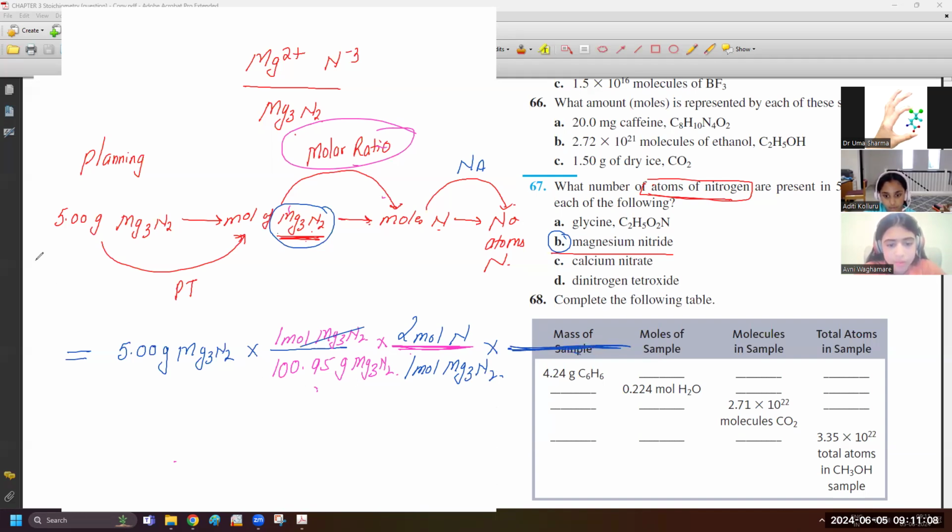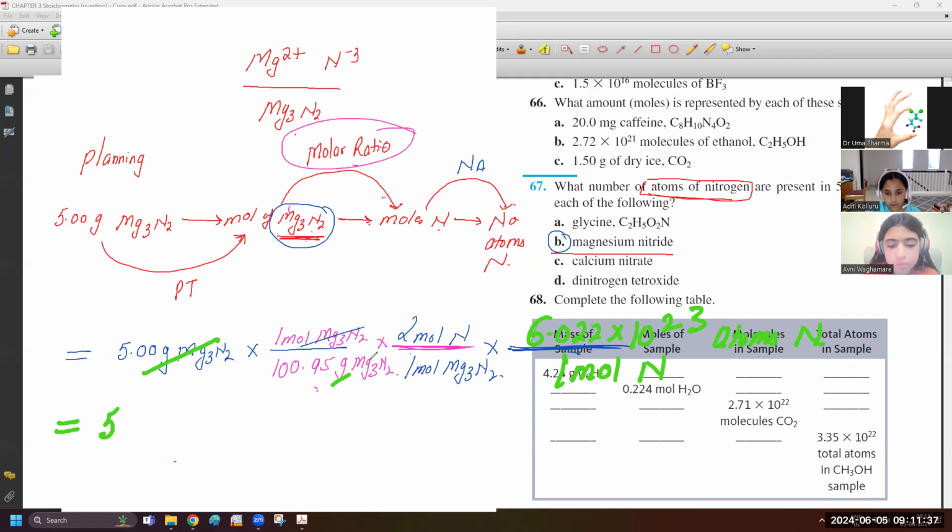What is the next ratio? 6.022 times 10 to the 23rd over 1 mole of nitrogen. So you can work out the answer like this.